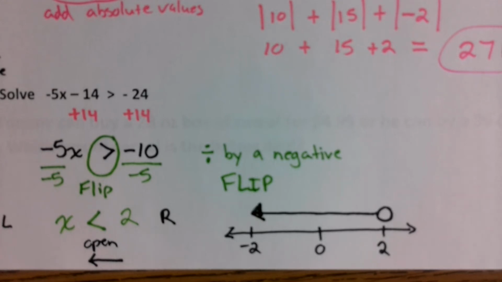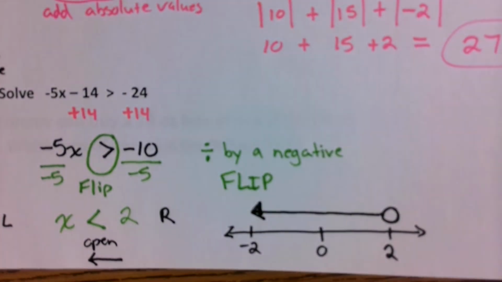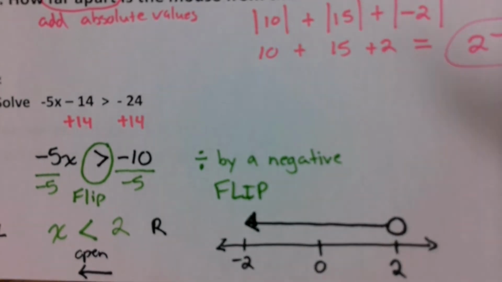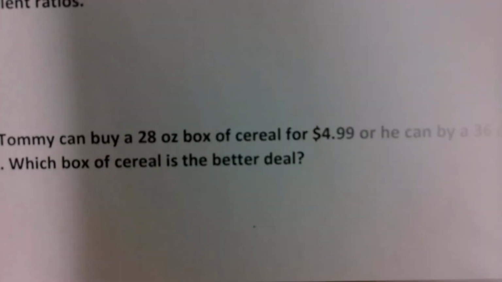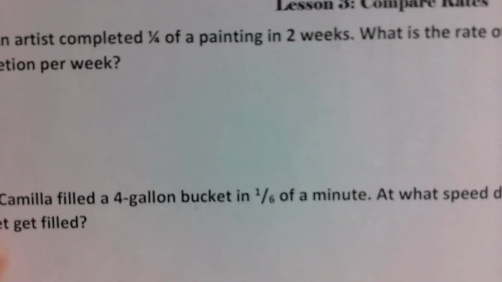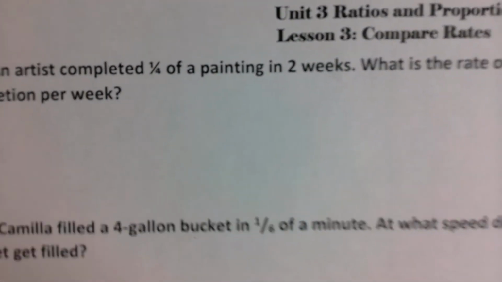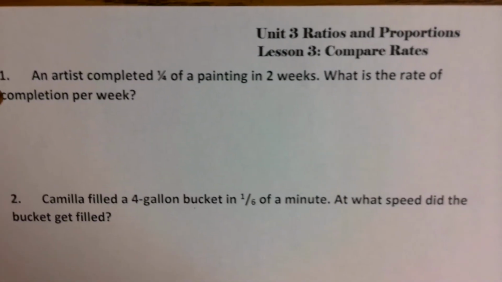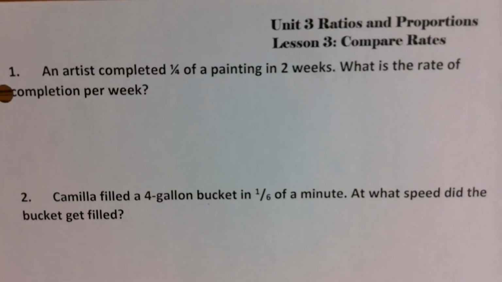Okay? Now, the week before we went on break, we started our new unit on ratios and proportions. Let's take a look here. Just as a reminder, when we set up a rate, we set it up as a unit of measure over another unit of measure. We're comparing two different kinds of units together.